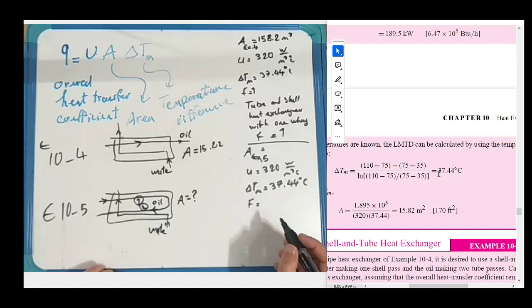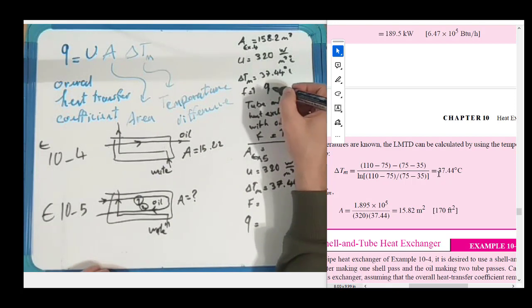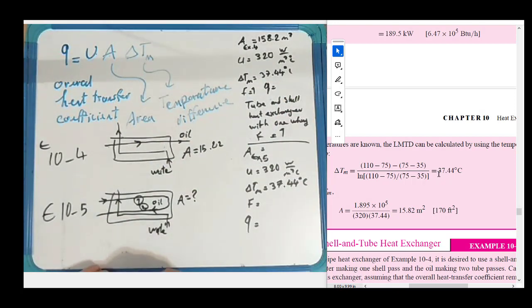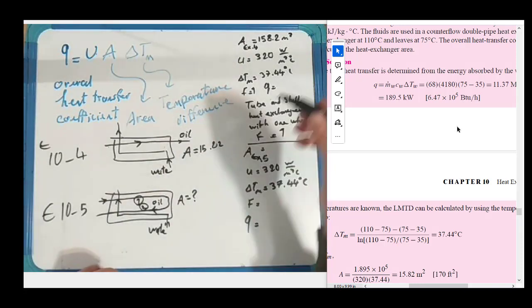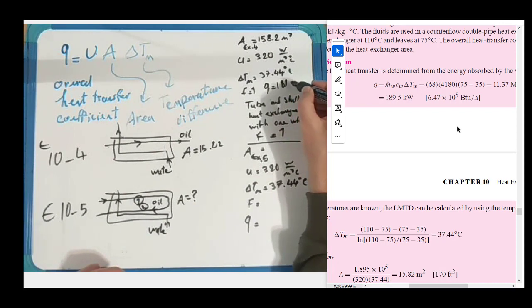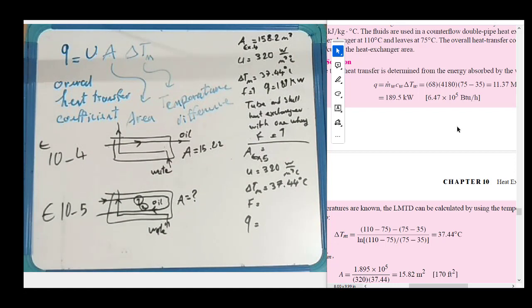And finally, Q is the same, 189 kilowatts.